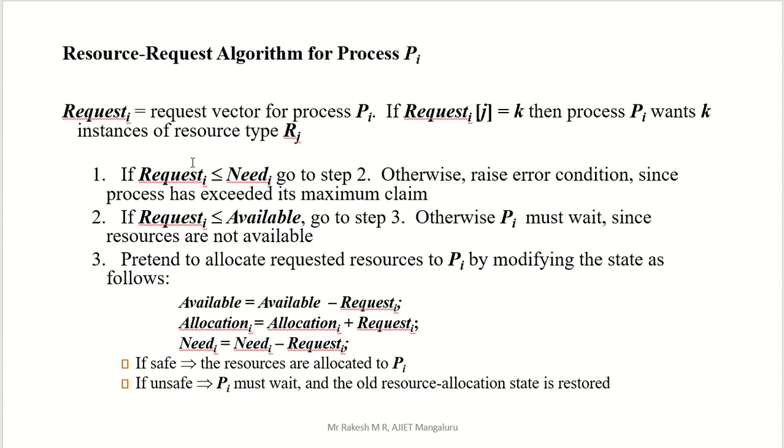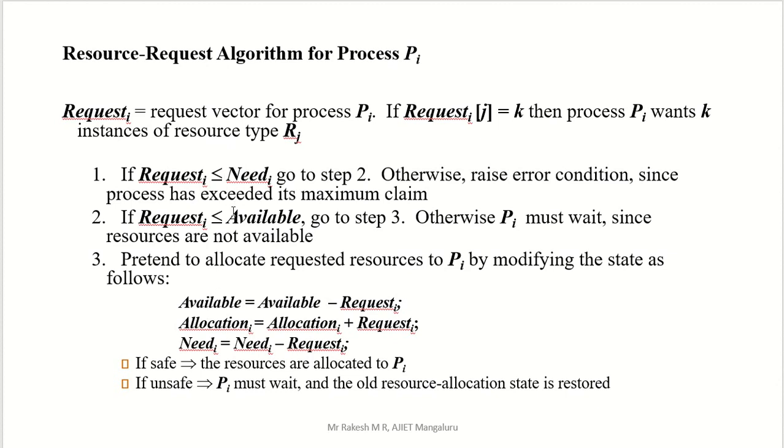Request is given; need we calculated in the previous slide. If true, then check that request is less than or equal to available. Yes, if this is also true, then go for this formula.